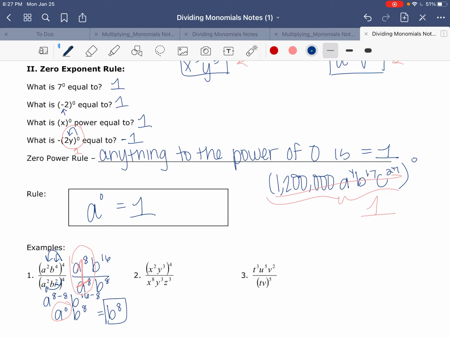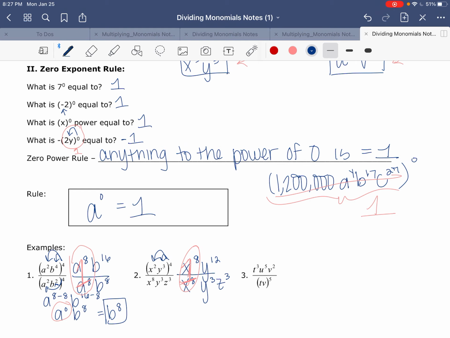Again, powers raised to a power, so your exponents will multiply. This numerator becomes x to the 8th and y to the 12th over x to the 8th, y cubed, and then z cubed. Well, x to the 8th and x to the 8th right here is being divided by itself. And 8 minus 8 will give me a 0, so this is going to simplify to 1.